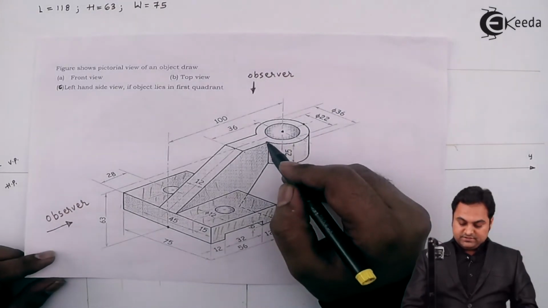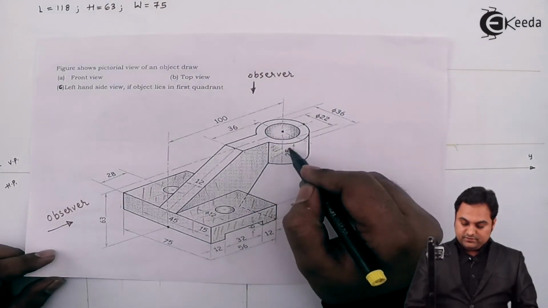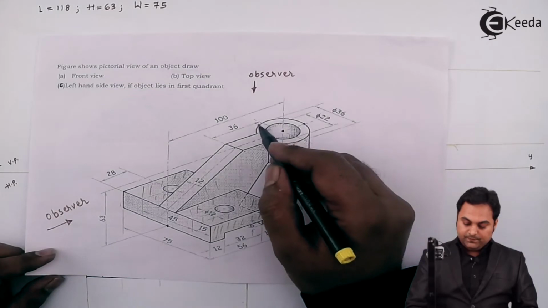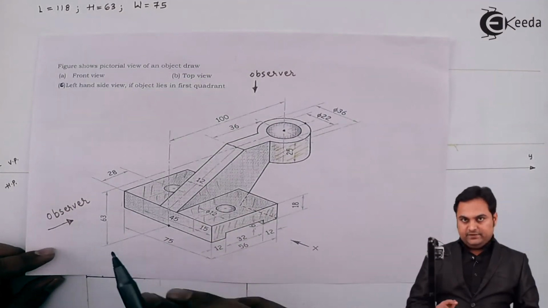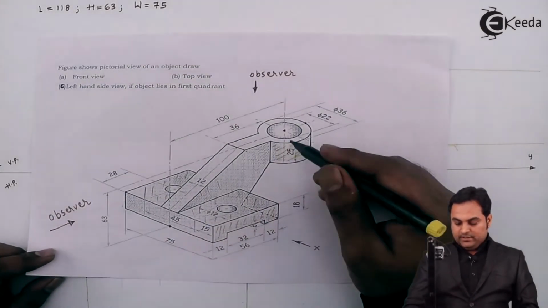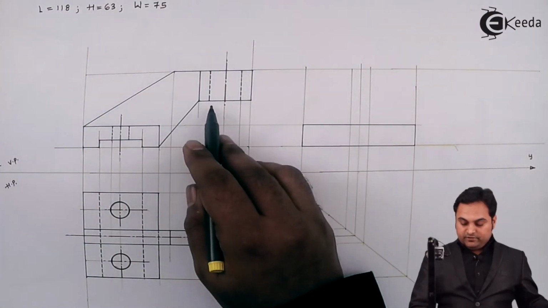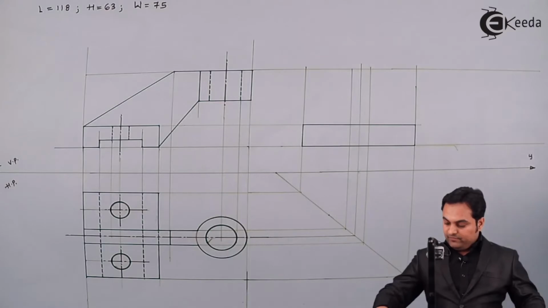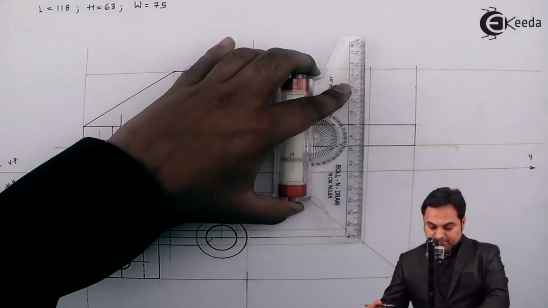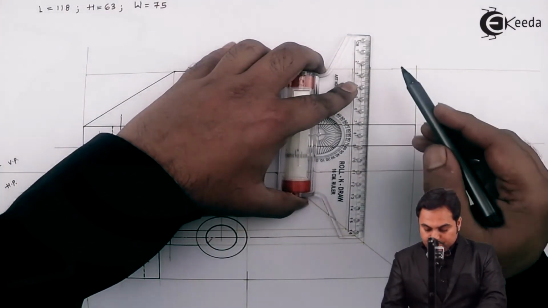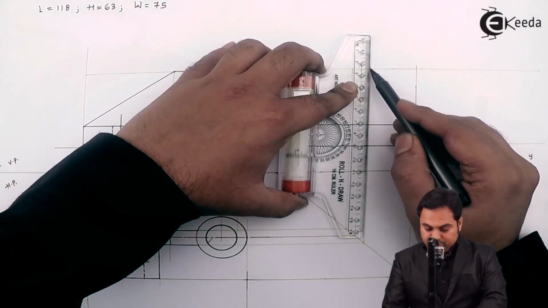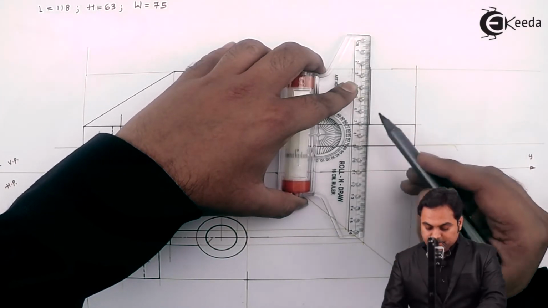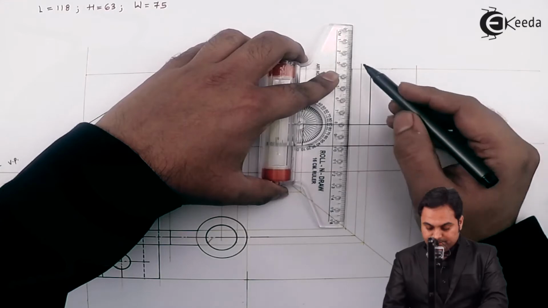Next, this cylinder, this surface will be visible from the left hand side and it will appear as a rectangle. Height we can get from the front view and width we can project from the top view. Before that, I'll make the rib dark so that we don't have any confusion regarding which part is dark and which is hidden.